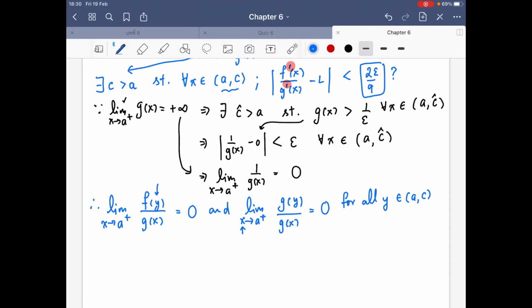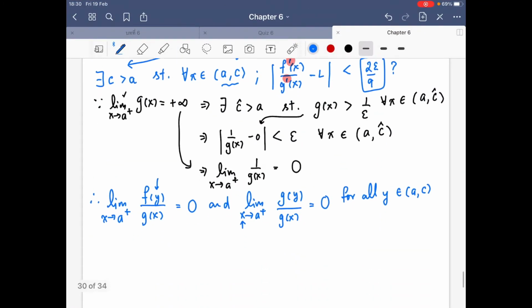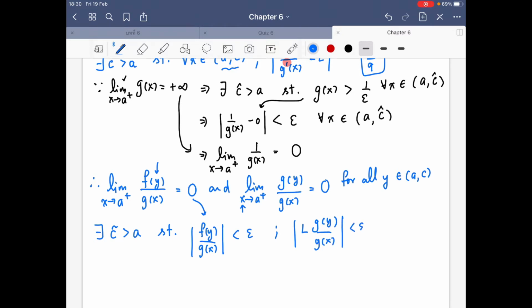So what does this mean with this epsilon again? We can say that there exists a c tilde, greater than a, such that the absolute value of f(y) over g(x) subtracted by 0 will be less than epsilon, and the same for L over g(x), as well as g(y) over g(x) itself.